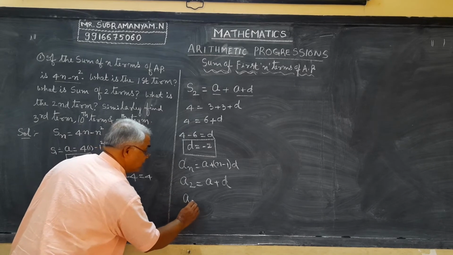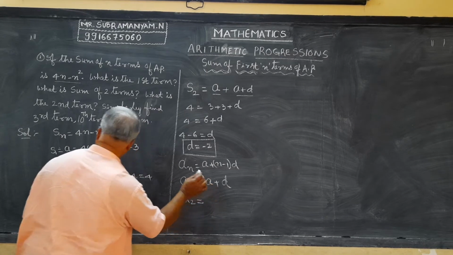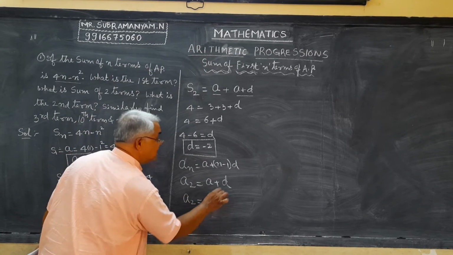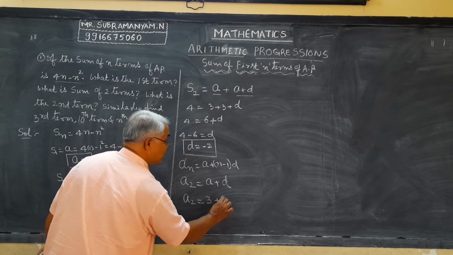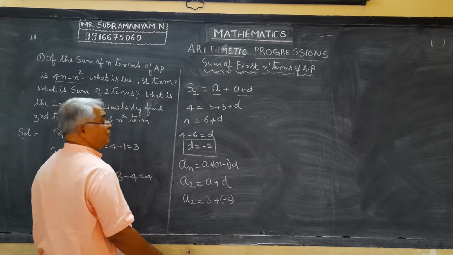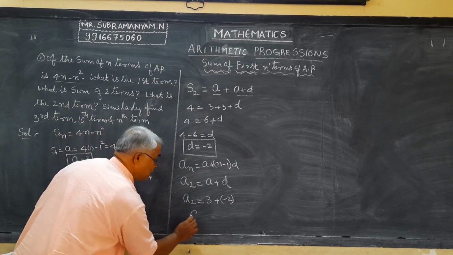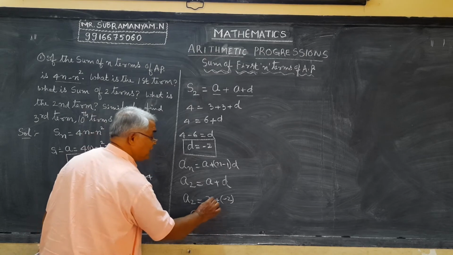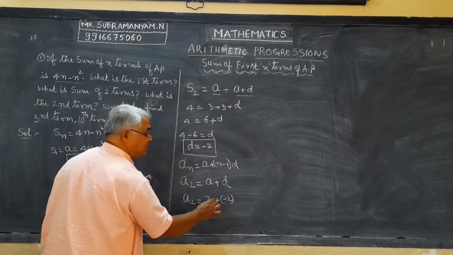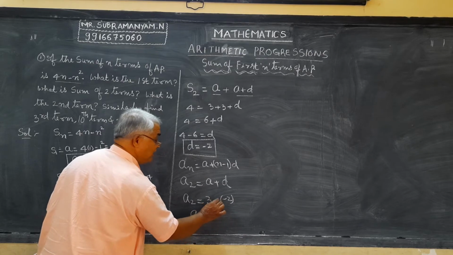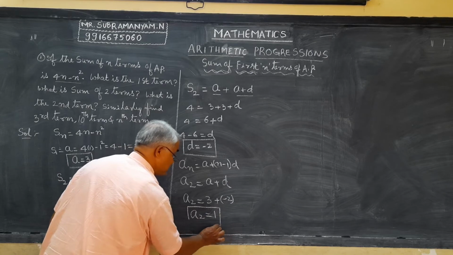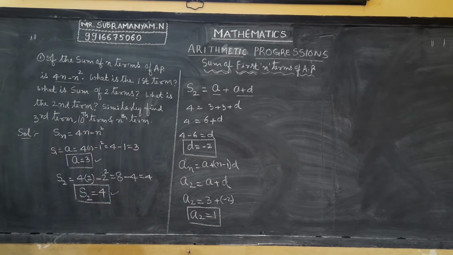So, a2 equal to 3 plus minus 2. When you simplify, 3 minus 2. So, the second term is 1. Check how you have got the second term.